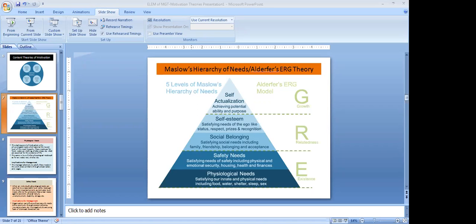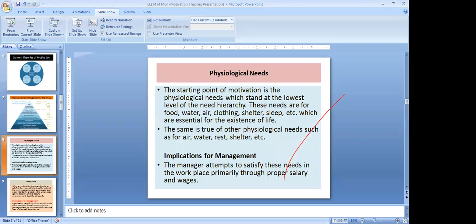The implication is that the manager should attempt to satisfy these needs in the workplace, most importantly through proper salary and wages. And he should also offer different rewards to encourage employees to keep moving up the hierarchy. This will keep motivating the employees.